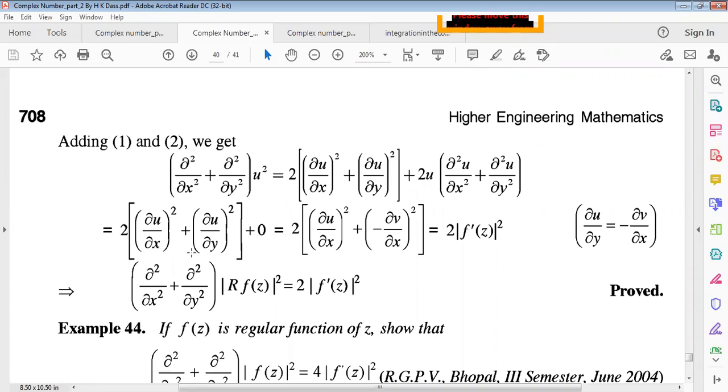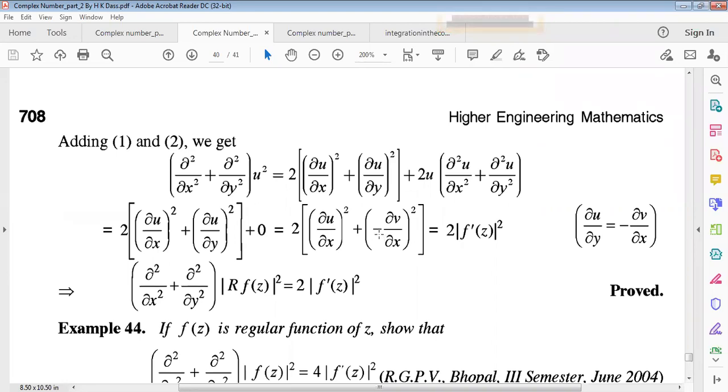And 2 common, ∂u/∂x and ∂u/∂y equals what? Minus ∂v/∂x, using the Cauchy-Riemann equation. Okay. Making the same variable, this square means plus.